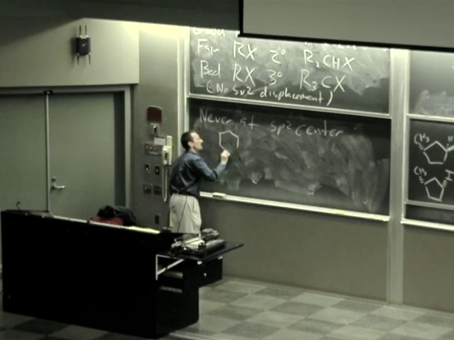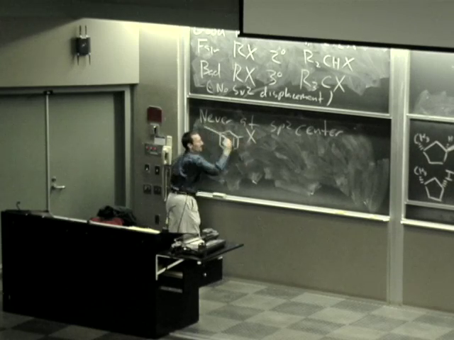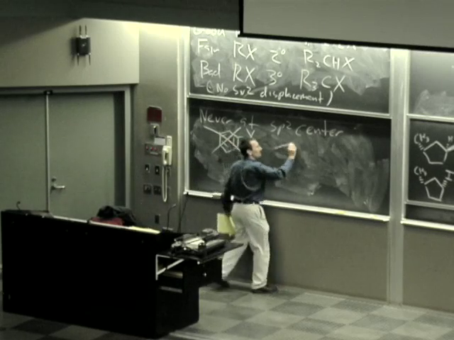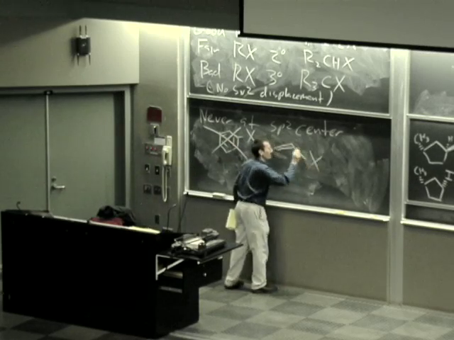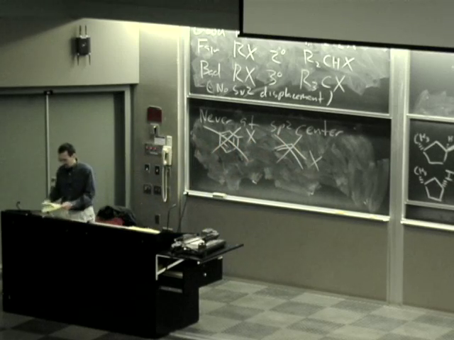So I'll go ahead and deliberately write out a phenyl halide, and I'm going to put an X through it just as a big reminder. I'm going to write out a vinyl halide, and I'll put an X through it as a big reminder.